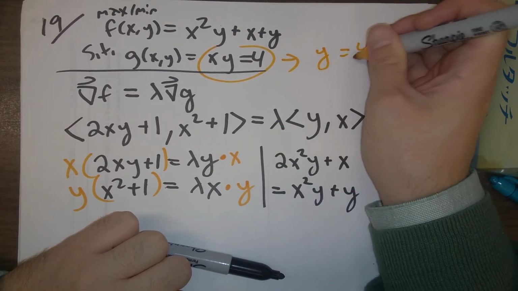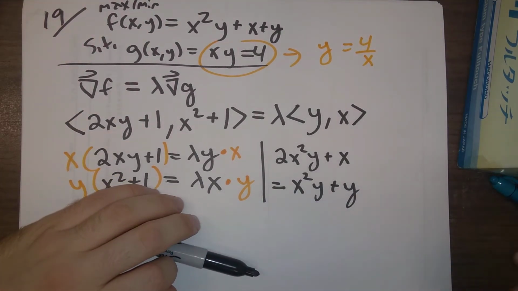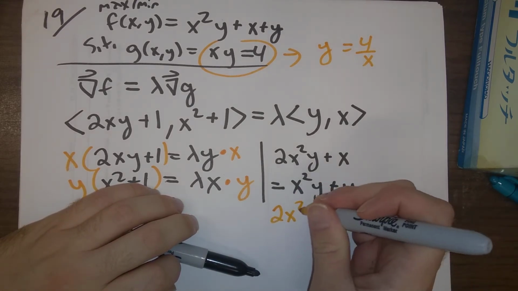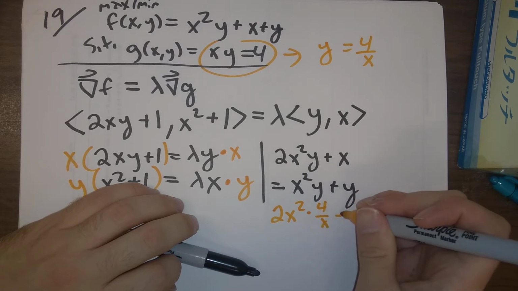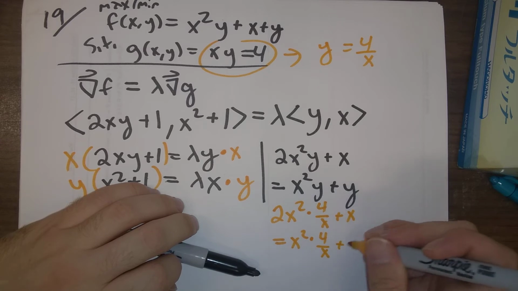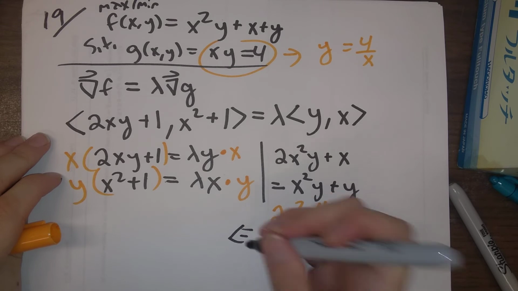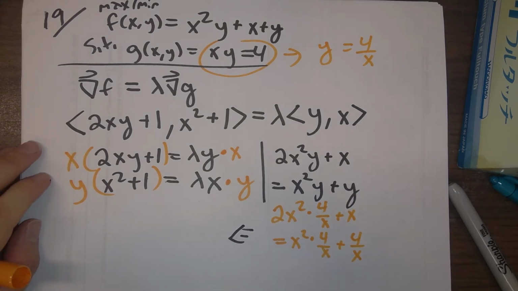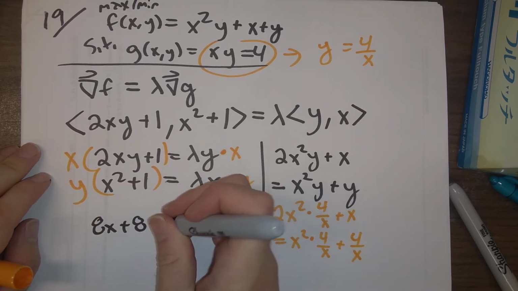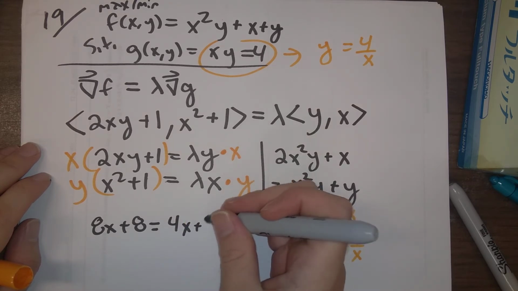This tells us y is equal to 4 over x. So we can reduce this down to an equation involving just one variable. So that would be 2x squared times what is y, 4 over x, plus x, is equal to x squared times what is y, 4 over x, plus 4 over x. Simplifying the multiplication here, that is 8x plus x is equal to 4x plus 4 over x.